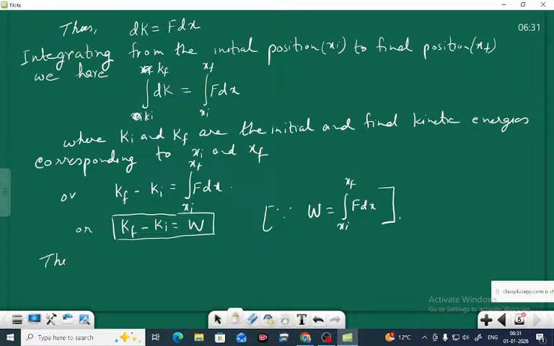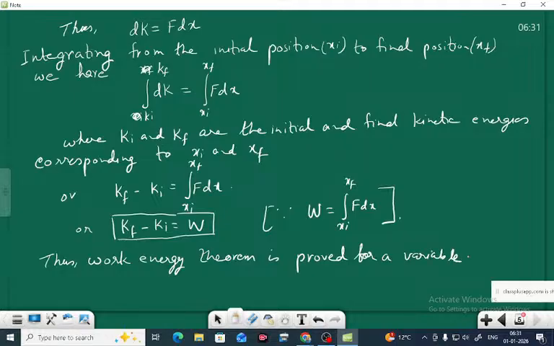Thus the work energy theorem is proved for a variable force, right?